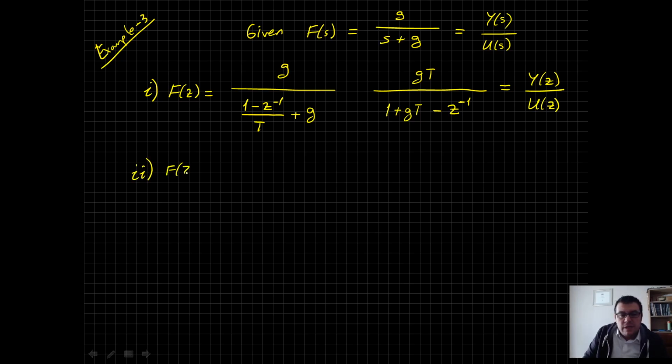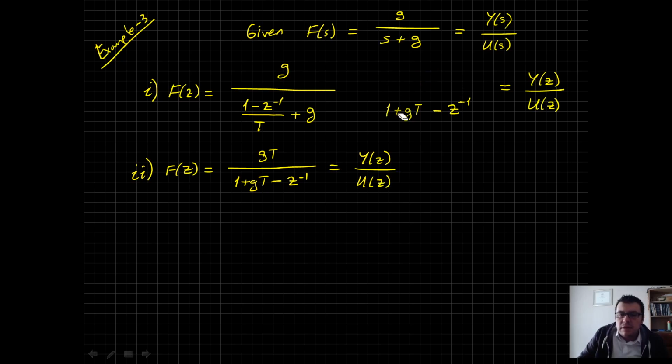F of z is gt over 1 plus gt minus z^-1, which is y of z over u of z. I'm trying to stick with the same notation, the same method we have done in the previous examples, so that you don't have any complication in your mind.